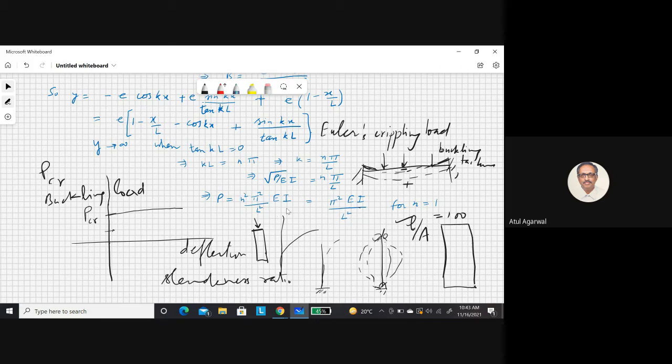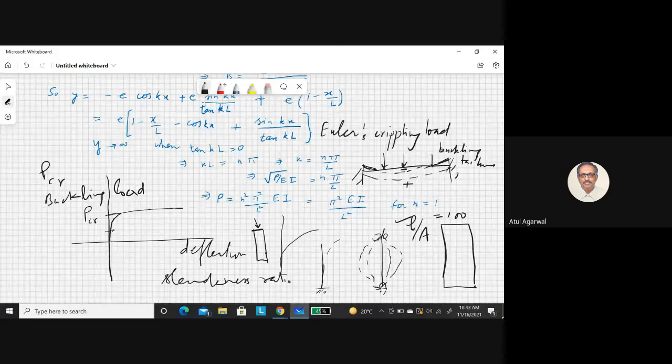Now, what we had here, there was some contribution because of eccentricity of the load also. So your deformation will not be zero if there is an eccentricity. Your deformation will start straight away from the initial point because there was already a moment applied. So there will be a sideways deflection.